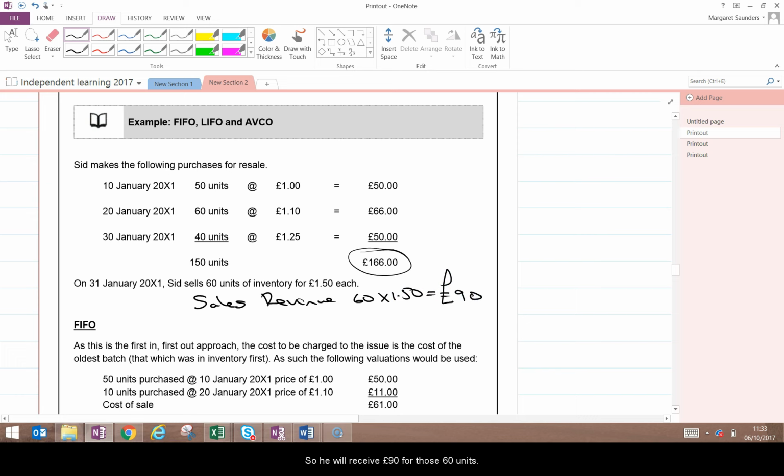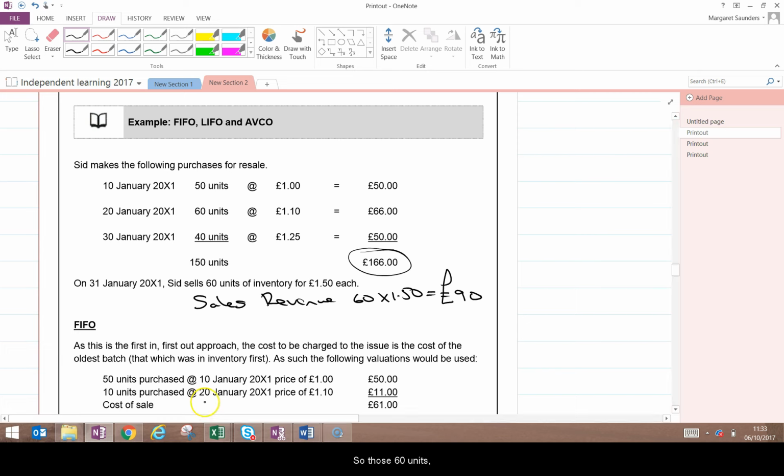So he will receive £90 for those 60 units. But how much profit has he made on those units that he sold? Well, that depends upon the cost of those units. So we need to determine which units he sold.